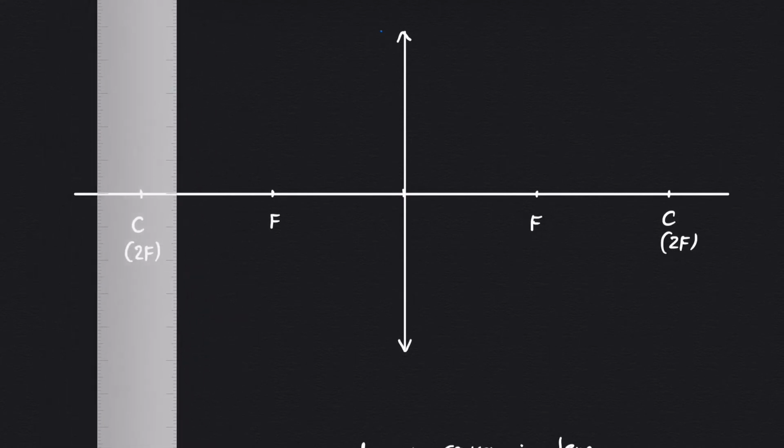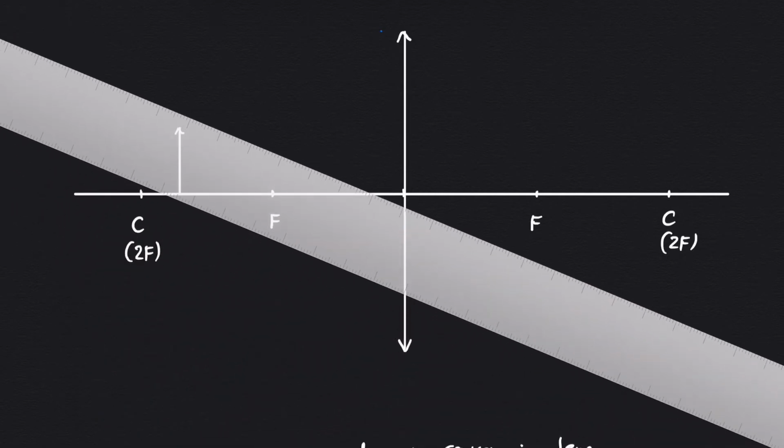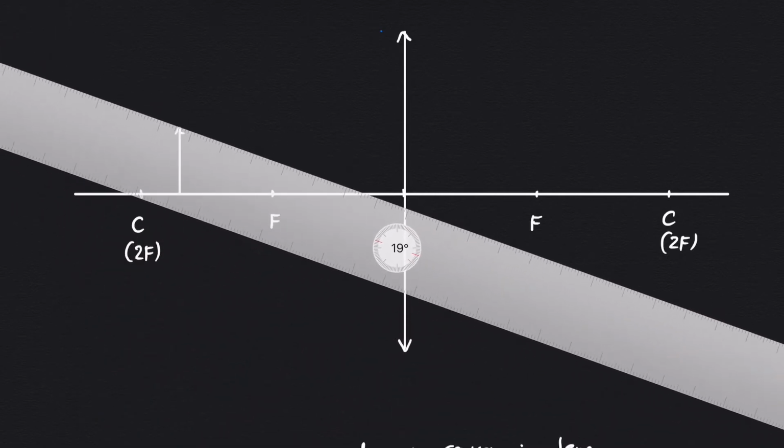So let's start with a diagram. Let's say I'm going to draw an object of 2 centimeters. So there are 3 main rays that you are going to end up drawing. First ray is the ray passing through the center.